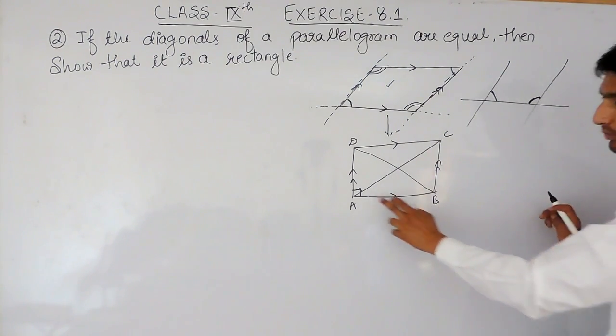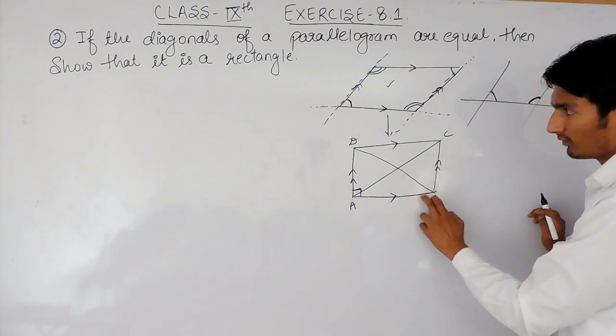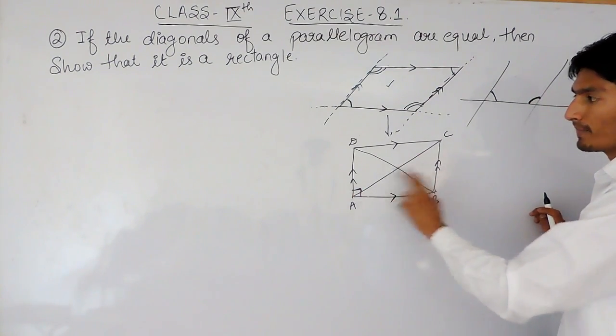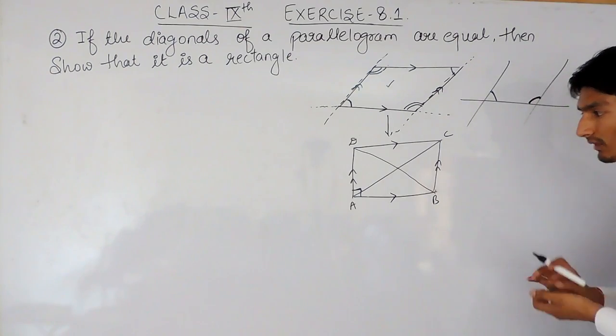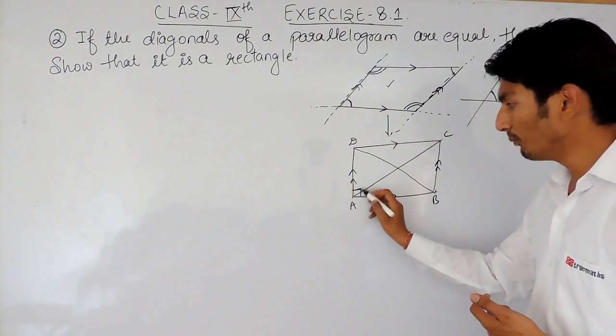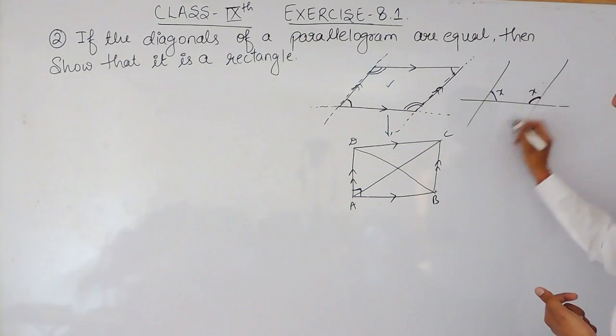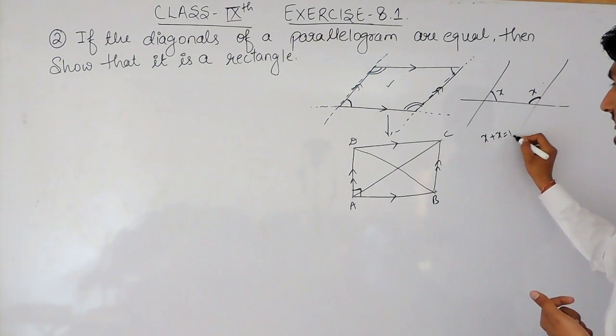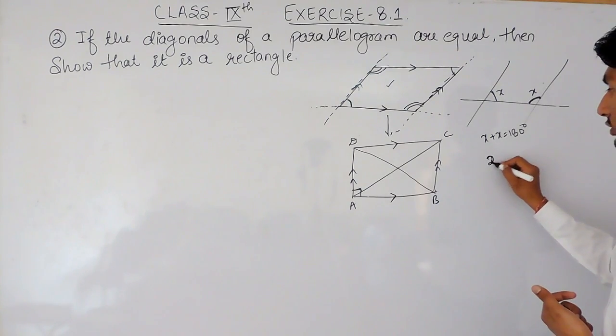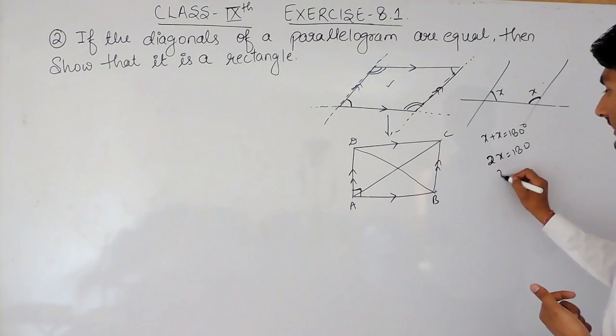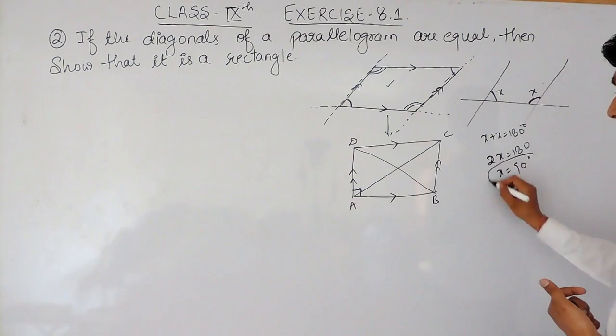So obviously the sum of this angle and this angle will be equal to 180 degrees. And we have proved that both angles are equal, means if this is x, this is also x, and x plus x is equal to 180. So 2x will be equal to 180, the value of x will become 90.